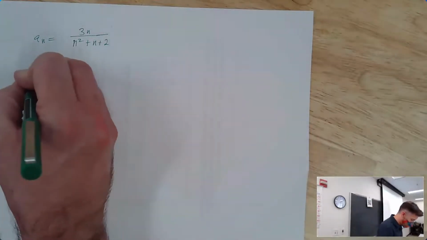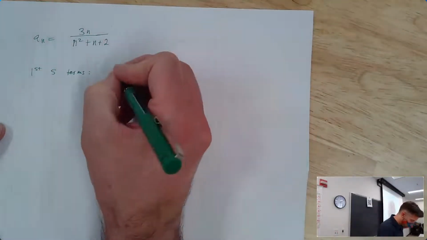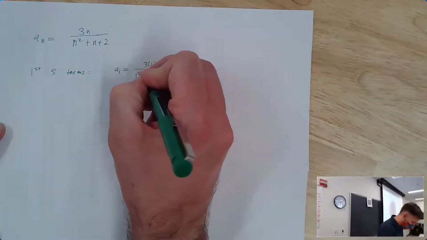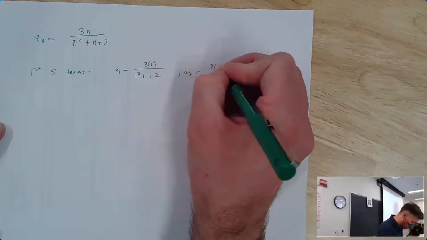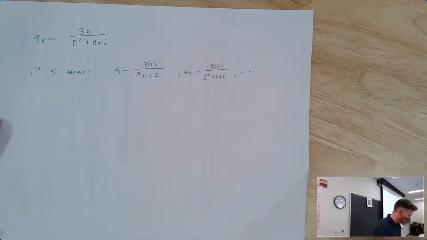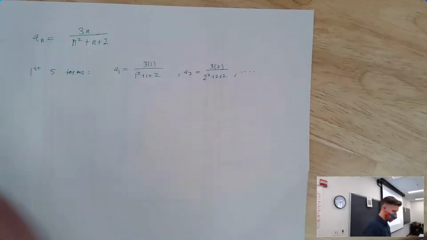So if I want to say what the first 5 terms are, I'm just going to say, well, a sub 1 is, I'm literally just putting in 1 for n. And a sub 2 is 3 times 2 over 2 squared plus 2 plus 2. Not, in my opinion, particularly great use of our time, right?